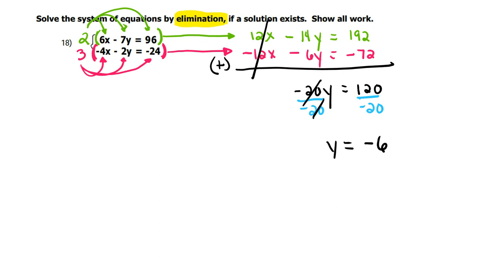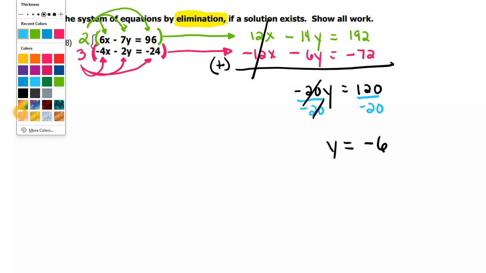You still need your x. So all you have to do at this point is take that negative 6 for y. Get a different color here. How about, we'll go with a yellow, I think.